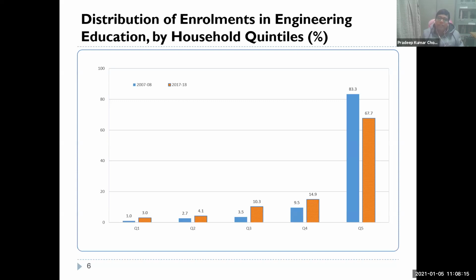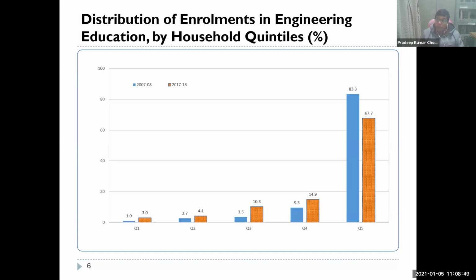If you see the 2017-18 data, the latest one, close to 68%, 67.7%, of the total students enrolled in engineering education in the country today are from the richest quintile. So only 32.3% of the total enrollment is in Q1, Q2, Q3 and Q4.